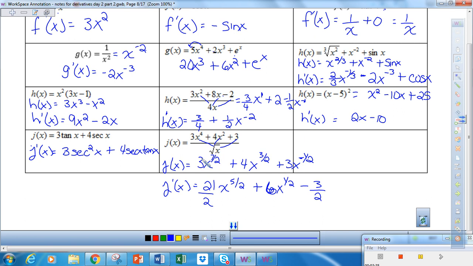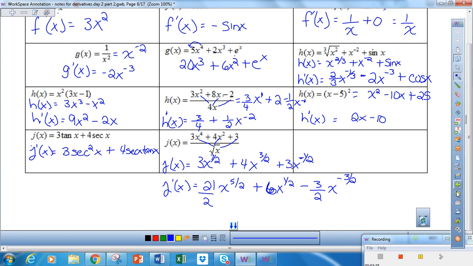Sorry, 7/2 times 3 is 21/2. Sorry, I forgot about the 2 at the bottom. And that's 12 divided by 2 is 6, and this is negative 3/2, x to the negative 3/2, because we subtracted 1. So that gives me x to the negative 3/2.